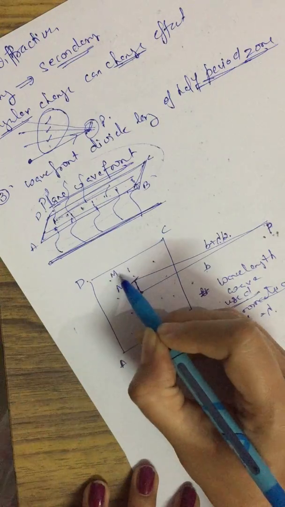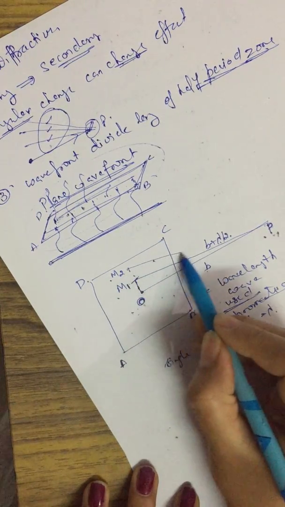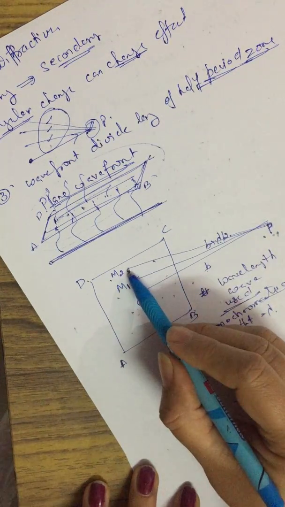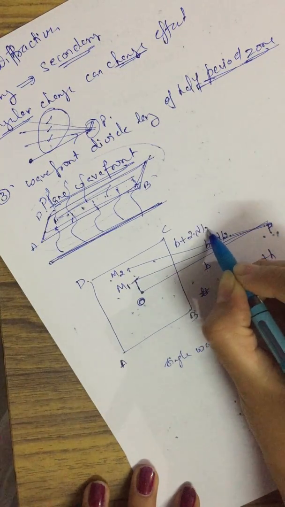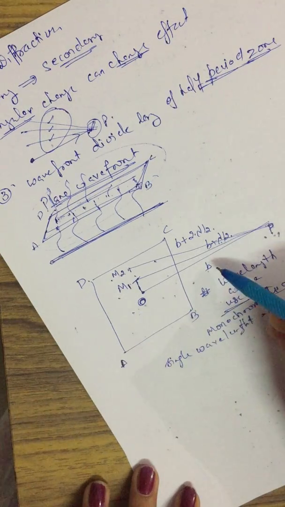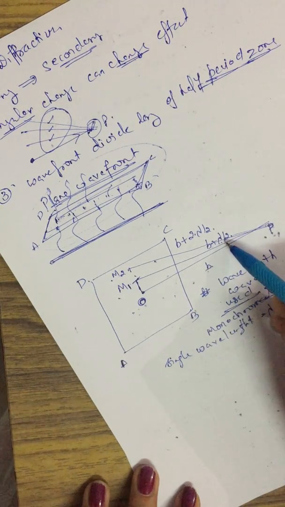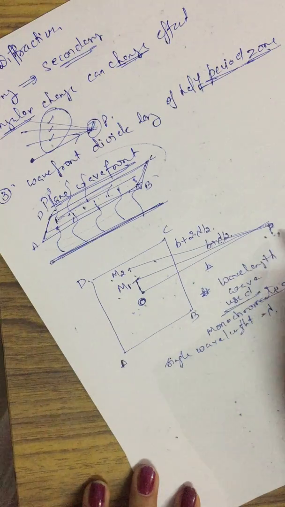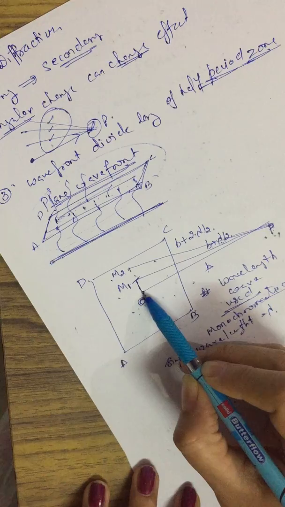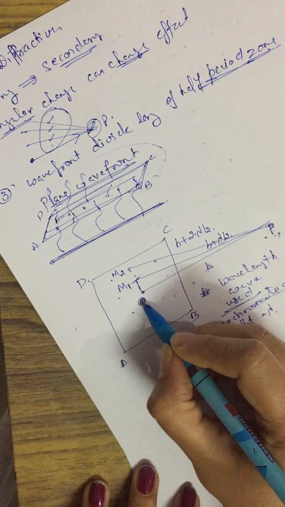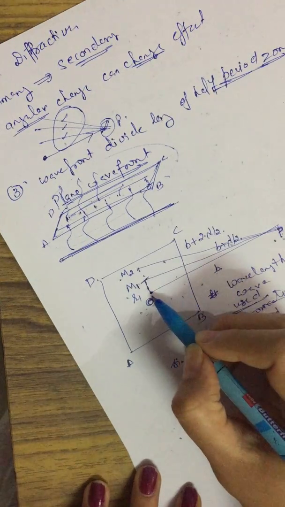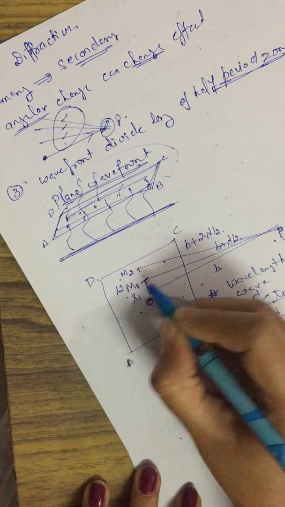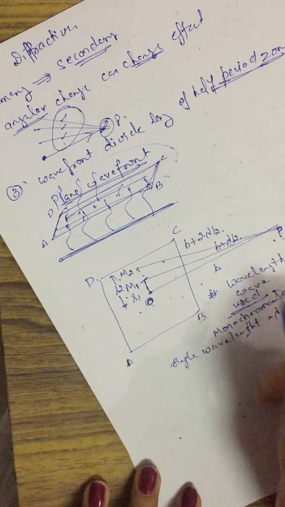Similarly, let us consider another point M2 at a distance of b plus 2 times lambda by 2. It means every time we are increasing the separation from the point P by lambda by 2, where O is the center, and OM1, let us consider this is your R1, and similarly OM2, let us consider this is your R2.